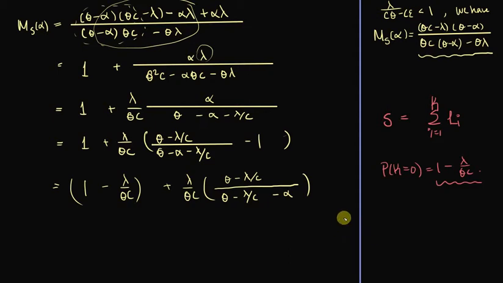And what we see here is this is the probability of k being equal to 0. And this is the probability of k not being equal to 0. And what you have is actually the moment generating function of a mixture distribution.